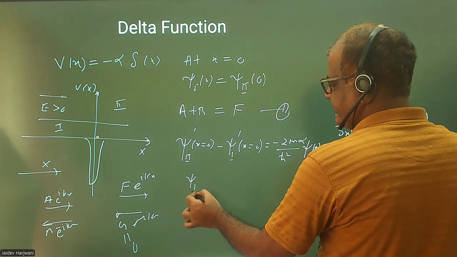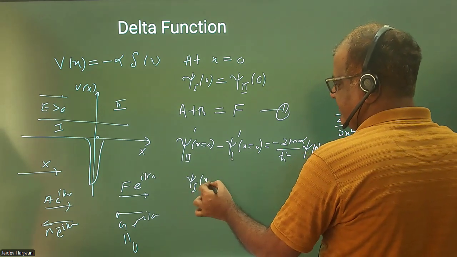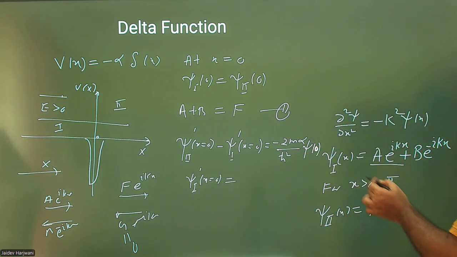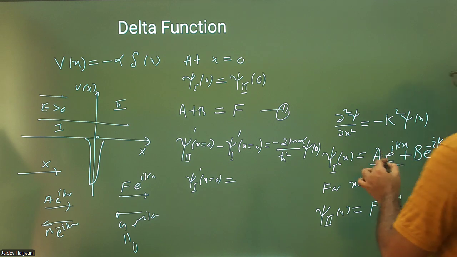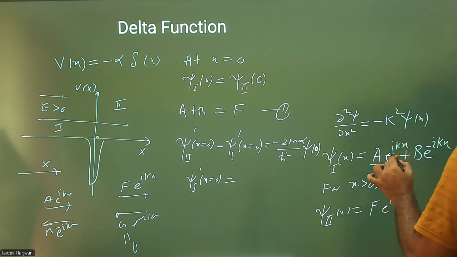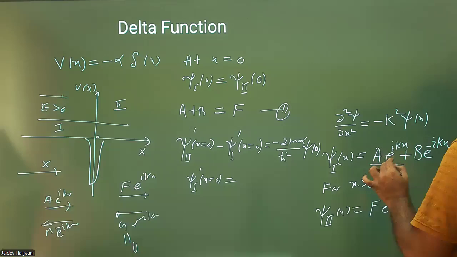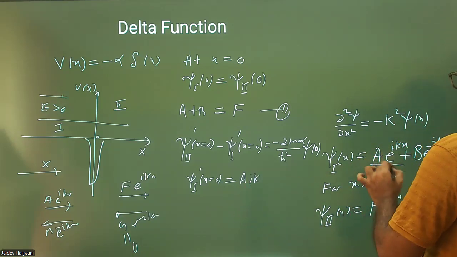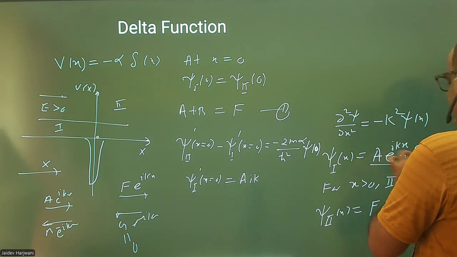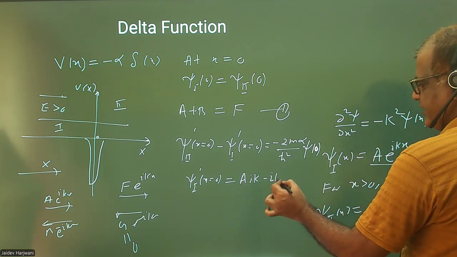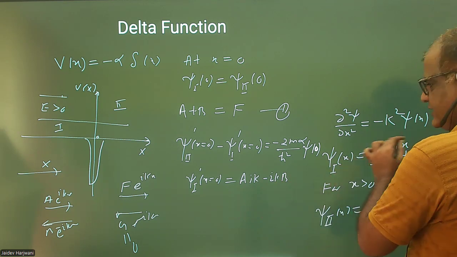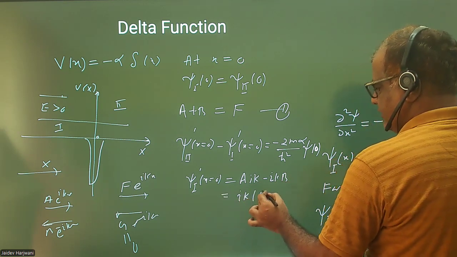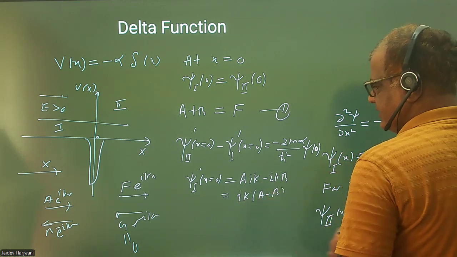Psi 1 dash at x equal to 0. If I differentiate this equation and put x equal to 0, what will come? It is a iota k, and this remains the same, put this 0, and this becomes minus iota k b, and this becomes 0. So this gives me iota k times a minus b.